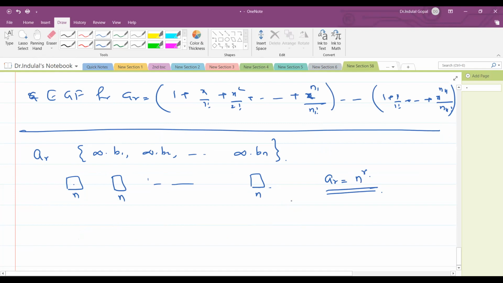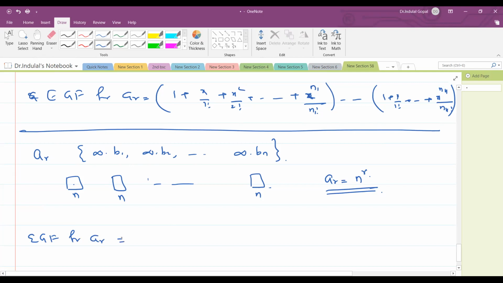Let us see whether we can get the same result using the exponential generating function technique. AR is the coefficient of x raised to r by r factorial in the exponential generating function for AR.